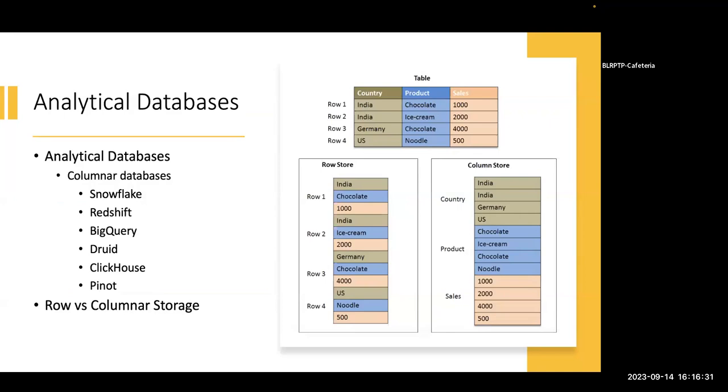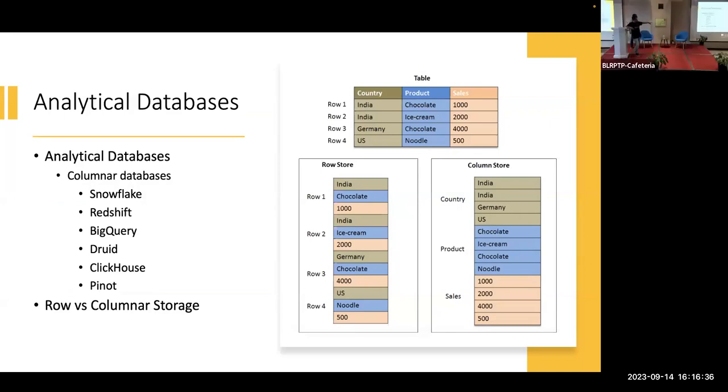Now, if you look at all of these databases, and I think you can extrapolate this to other databases as well, they are columnar databases. How does that compare with row versus columnar storage? If you've used Postgres, MySQL or something like that, that is row-based storage.